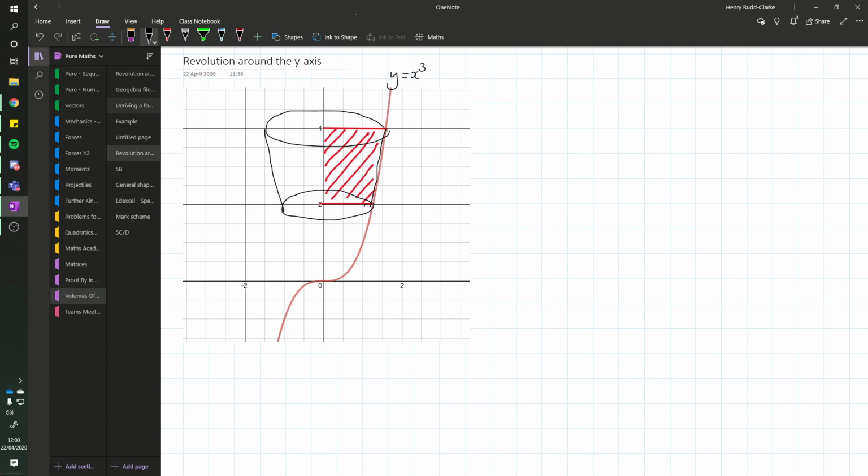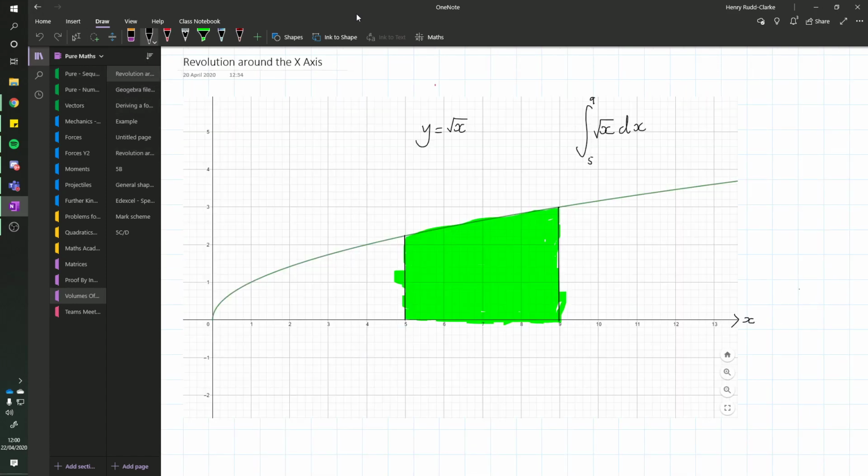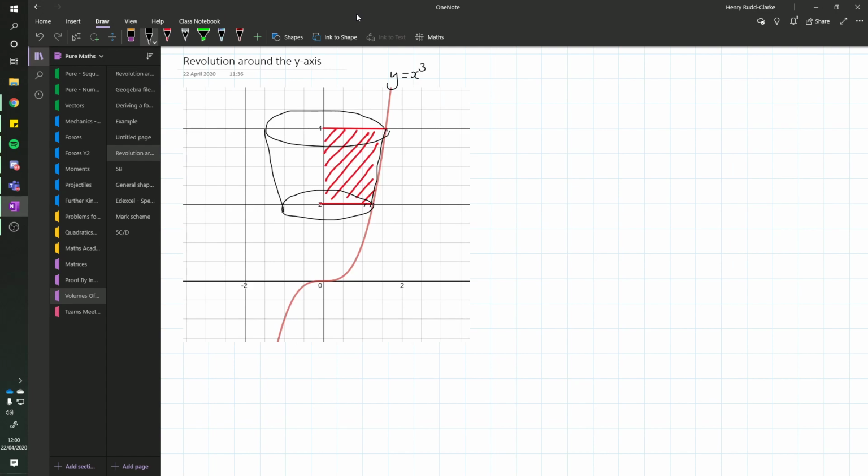Whereas before, we were looking at the height of the shape being y and the x-axis being the one we were rotating around. So it seems a little bit obvious that we could just say the volume is pi times the integral, but this time instead of y squared dx, it's x squared dy.